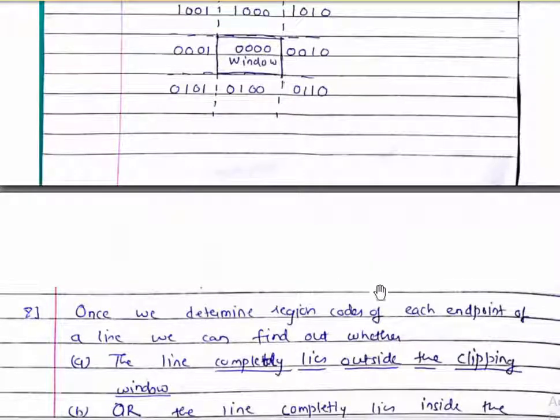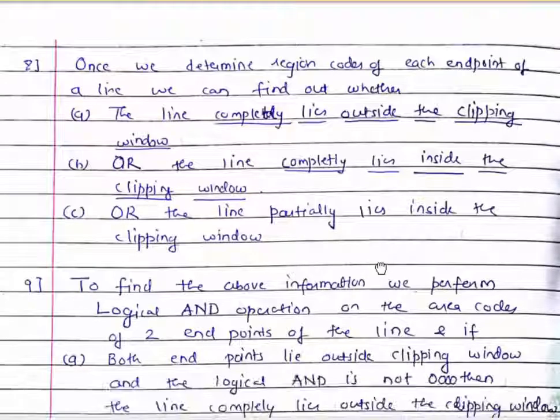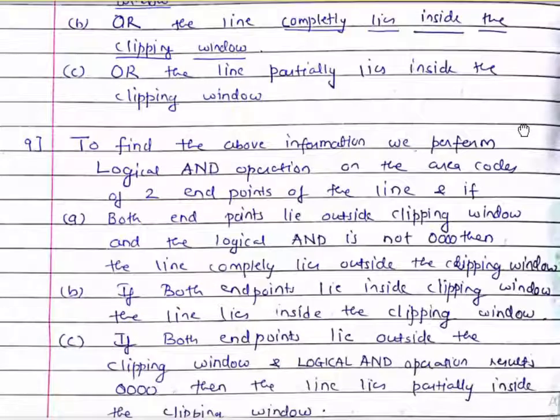Now once we determine the region codes for each endpoint of a line, we can find out whether the line completely lies outside the clipping window, completely lies inside the clipping window, or partially lies inside the clipping window. To find this information, we perform a logical AND operation on the area codes of the two endpoints of the line.